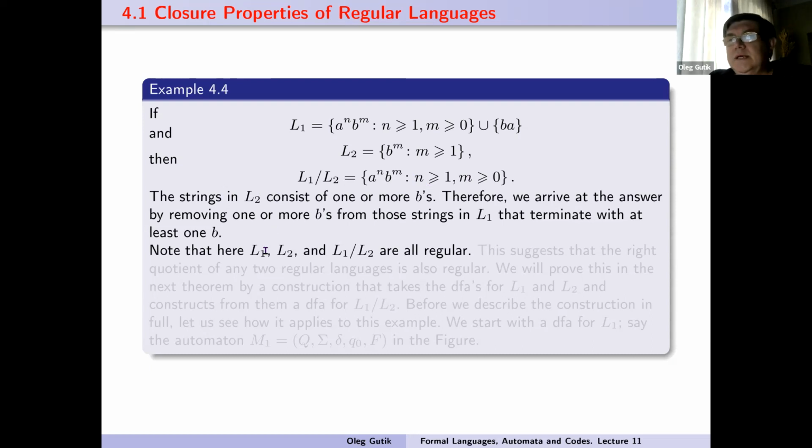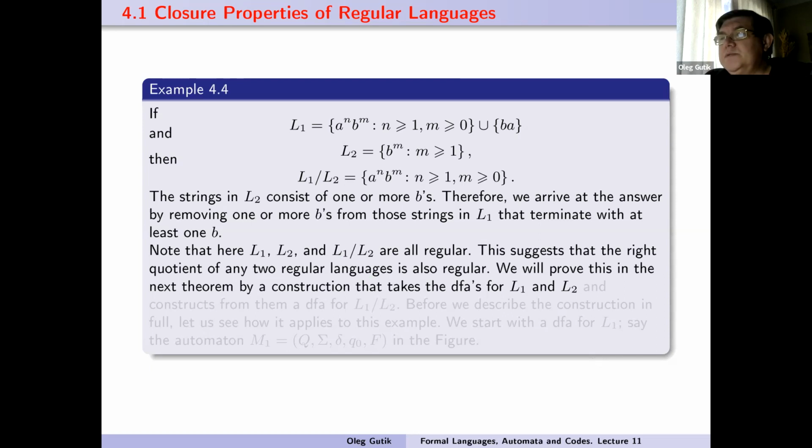We know that here L1, L2, and the right quotient of L1 with L2 are all regular. This suggests that the right quotient of any two regular languages is also regular. We shall prove this in the next theorem by taking deterministic finite acceptors for the languages L1 and L2 and constructing from them a deterministic finite acceptor for the right quotient of L1 with L2.